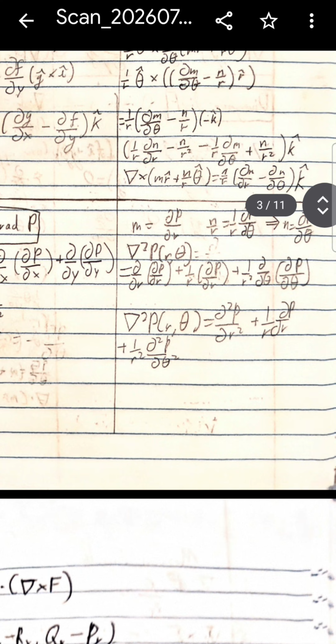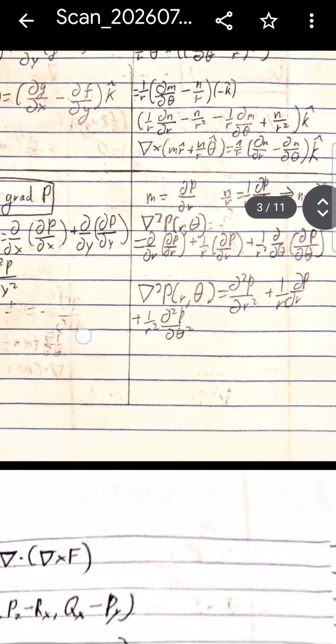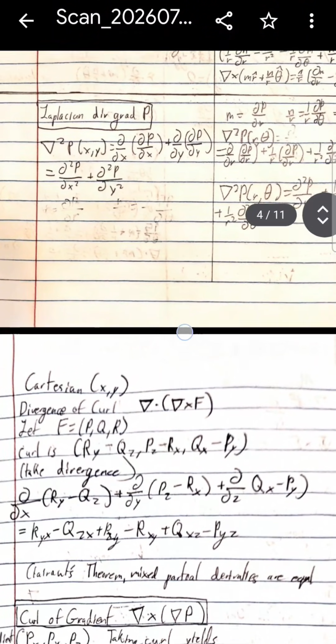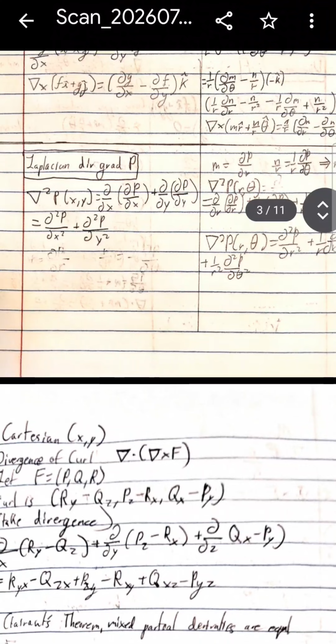So finally, our vector identities: the divergence of a curl and the curl of a gradient are both equal to 0 because the mixed partial derivatives are equal, as proven by Clairaut's theorem. And for the curl of a curl, we use the triple product identity.